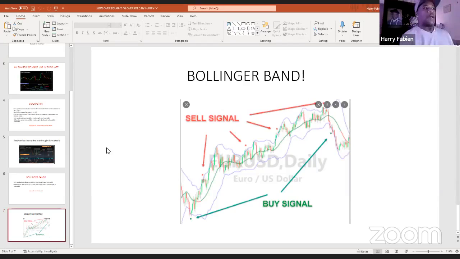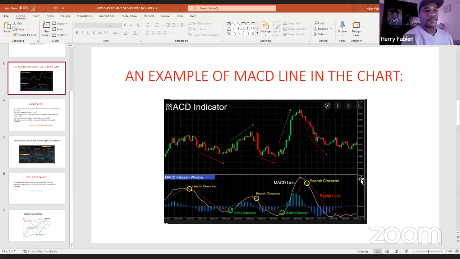That's simple. But myself, I prefer using the stochastic because the stochastic looks simple, because the only thing that you have to do is look at your 80s and your 20s. That's all you have to do.